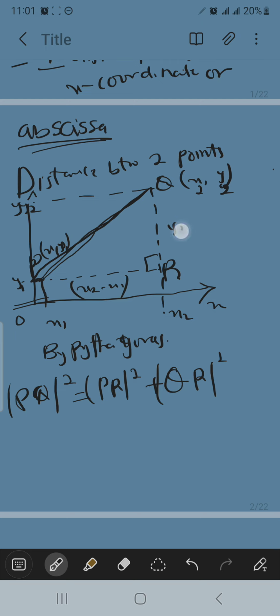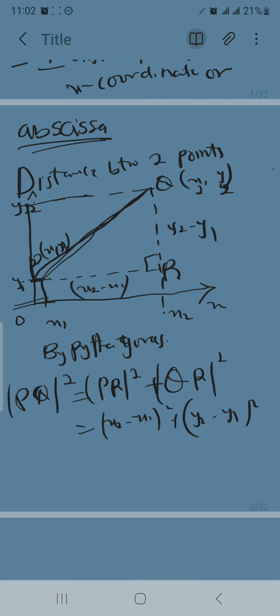And this one is going to be y2 minus y1. So PQ squared will be x2 minus x1 all square plus y2 minus y1 all square.